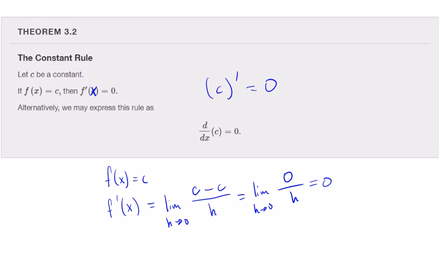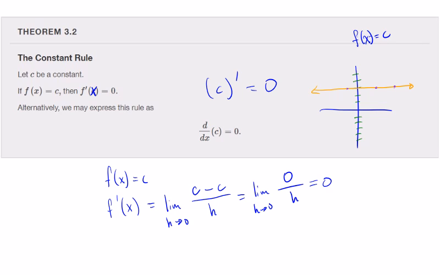Now, one other way to think of this intuitively, if you think about a constant function, if I have f of x equal a constant, then that is a horizontal line, right? So it's a horizontal line that goes through wherever c is. So let's say c is right here, and so this would be the function, and that's a horizontal line, and so everywhere on that line the slope is 0, right? So if I find the slope here, it's 0. The slope here is 0.